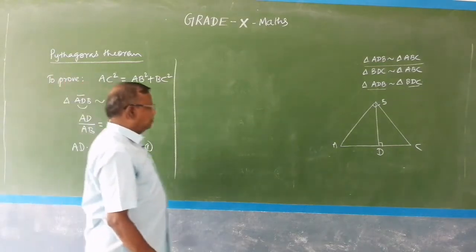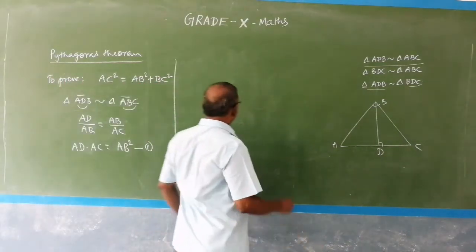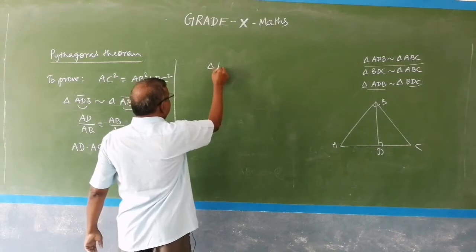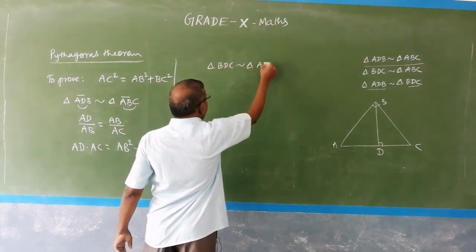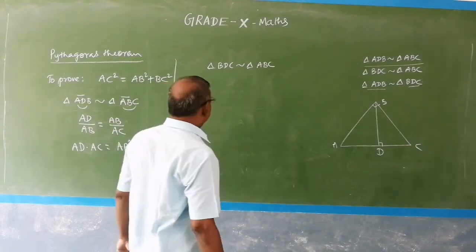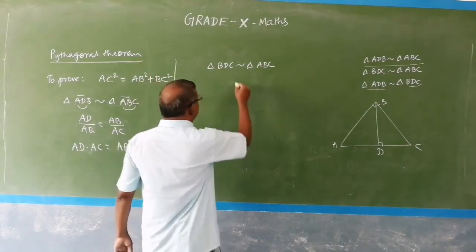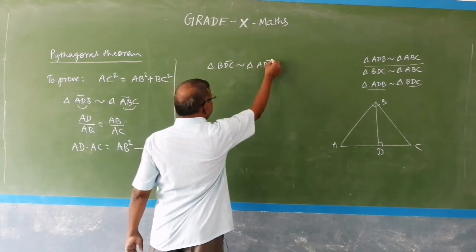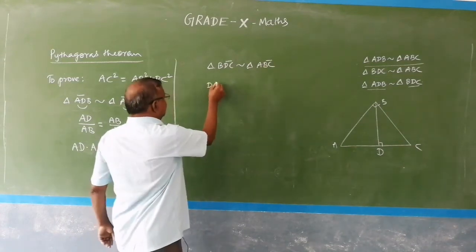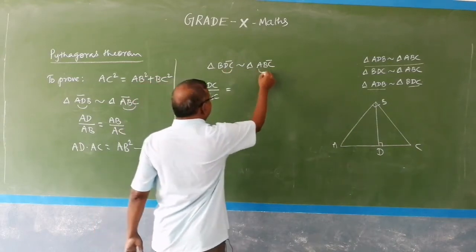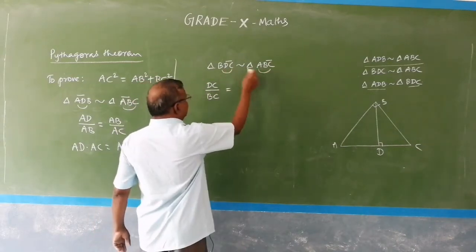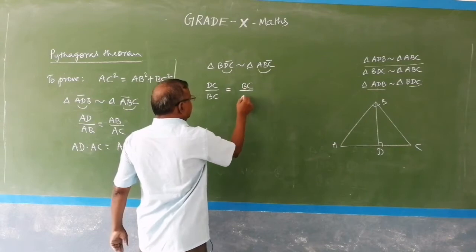Now, take another proof. Triangle BDC is similar to triangle ABC, in which DC by BC equals BC by AC.